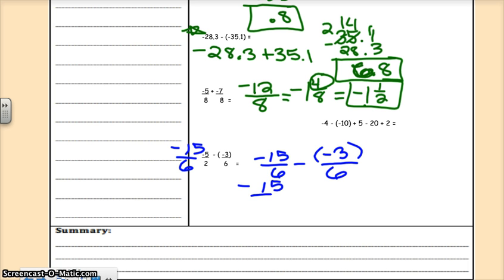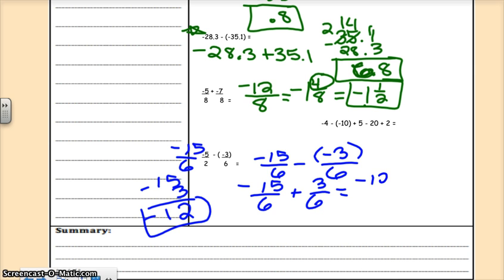Adding the opposite, negative 15 over 6 plus 3 over 6. Negative 15 plus 3. Opposite signs, take their difference. Negative 15 is further from 0, so it'll be negative 12 over 6, negative 2.